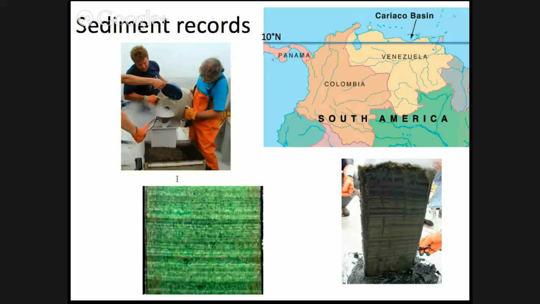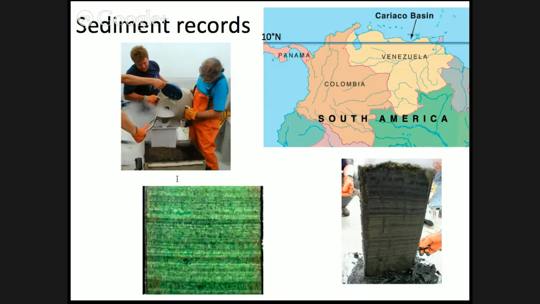So let's see what the sediment record says. The sediment records have been found in the Cariaco Basin, which is to the north of Venezuela, around 10 degrees north. Here is a sample of the sediment, and here these people are freezing the sediment sample using liquid nitrogen, and here's a closer view of the sample.